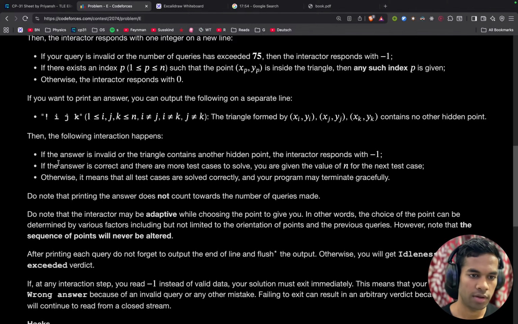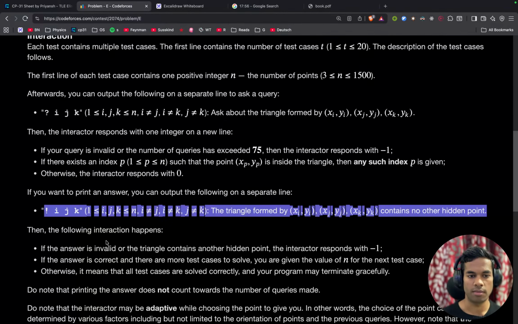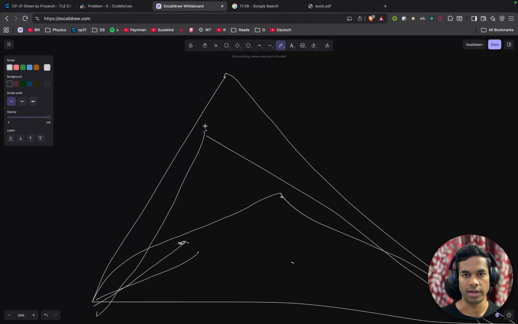If the answer is not valid, okay, but if he's given the same i, j, and k, we do not know if we will get different points or not.